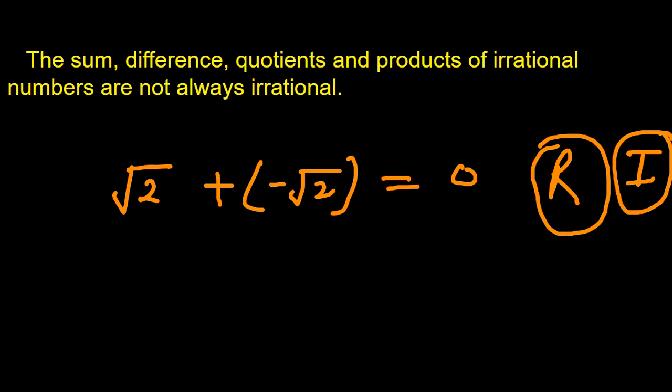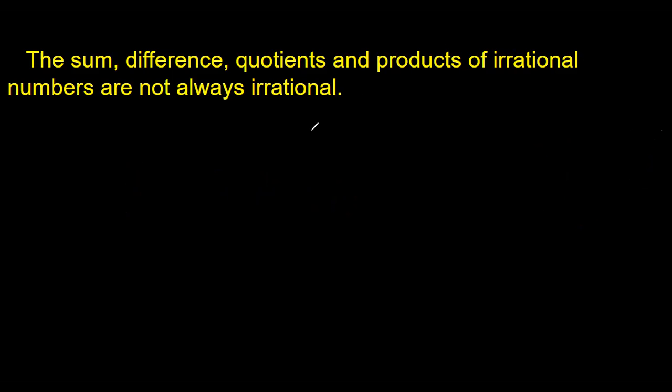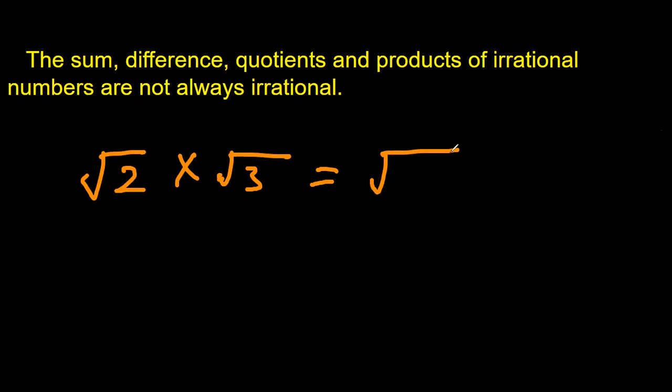Similarly, we can show that the irrational numbers are not closed under multiplication. Let us see, if I multiply under root 2 and under root 3, we get under root 6. Okay. It looks like irrational multiplied with irrational, we are getting irrational.